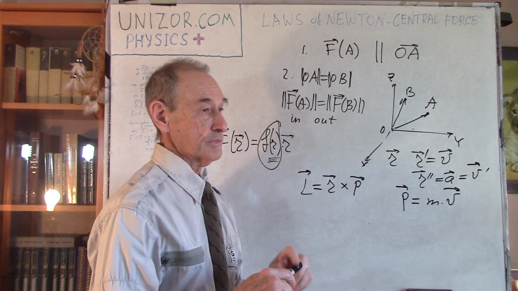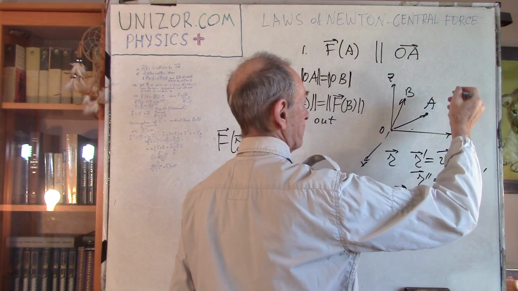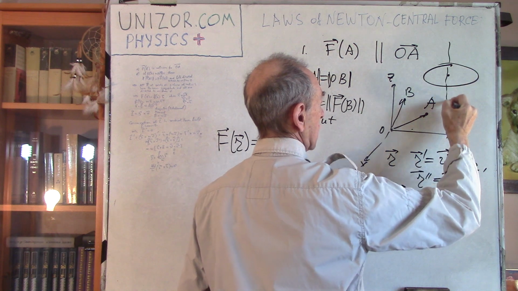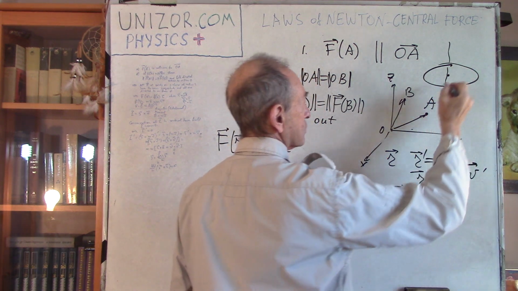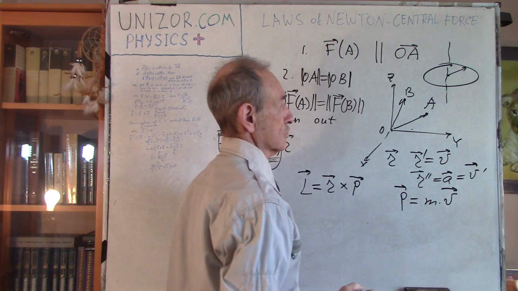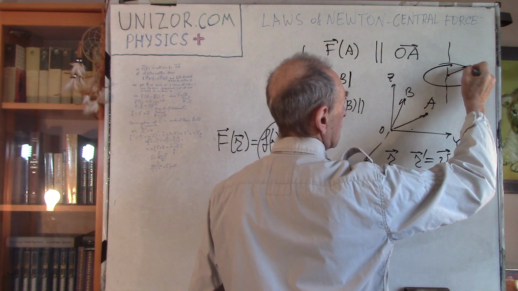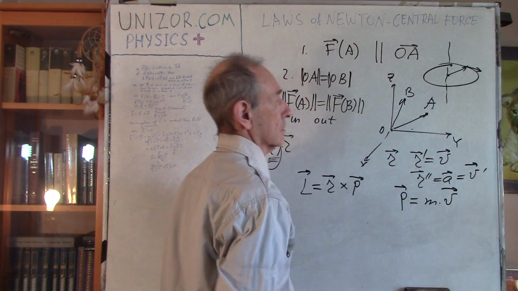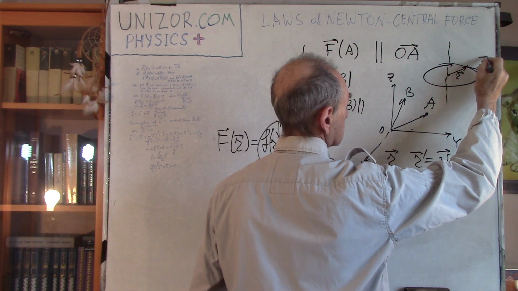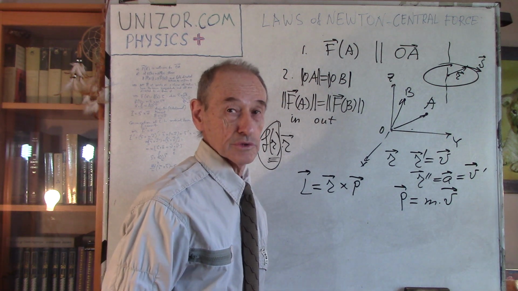So if you have, let's say, a rotation around a certain axis, the radius would be towards the point on this trajectory, on the circle. The velocity would be tangential, so this would be my r, this would be my velocity. They are, in this particular case, perpendicular to each other.